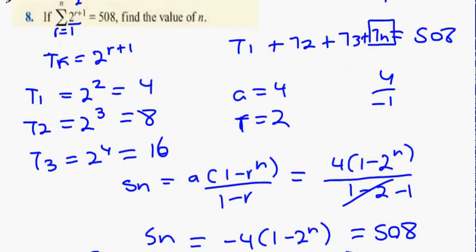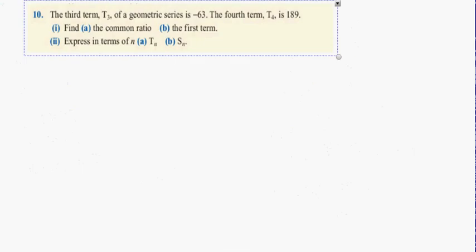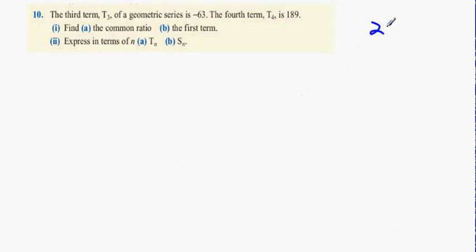Okie dokes. Moving on. So we've done 2, 4, 8. Now we're doing question 10. The third term T3 of a geometric sequence is minus 63. The fourth term T4 is 189. Find the common ratio and find the first term.